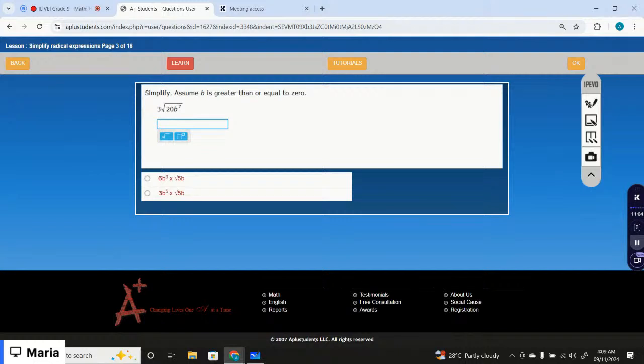That is 6b cube and square root 5b. Option number 1 is the correct option.